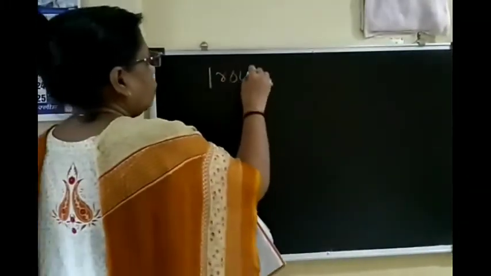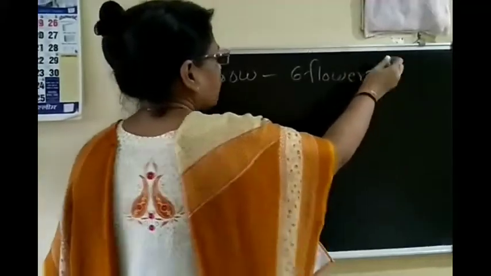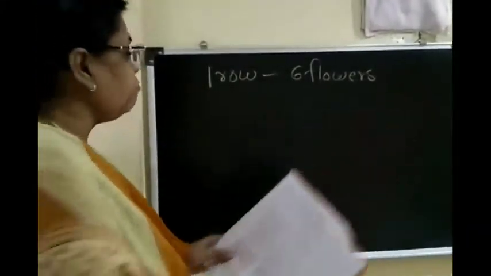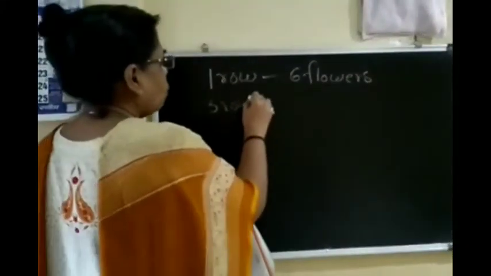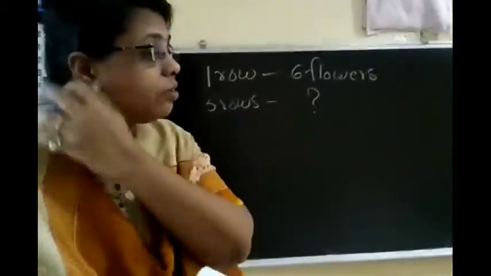Here they have given one more example of simple multiplication. There are 6 flowers in each row. So one row, 6 flowers. How many flowers in 5 such rows? This is a simple way I have written.